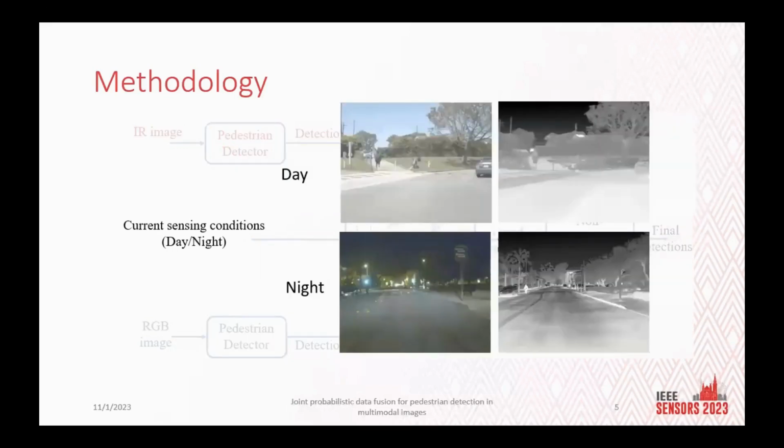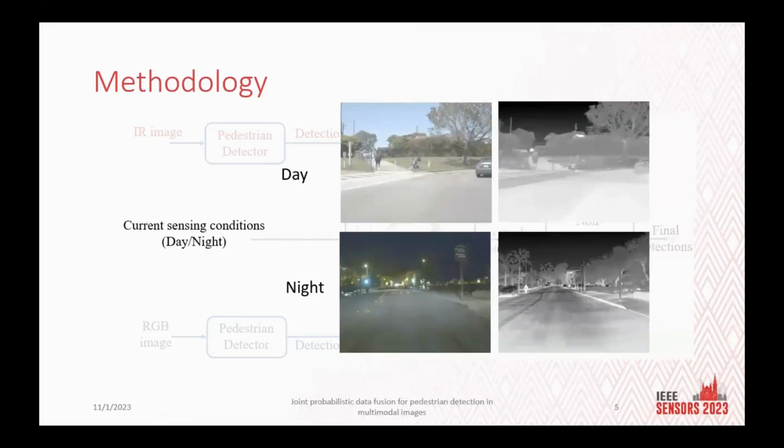So why is it important to consider the current sensing conditions? Because they affect both color images and thermal images. We are familiar with color images being affected by the unavailability of light, but it also affects thermal images. Why? Because of the availability or unavailability of ultraviolet light.